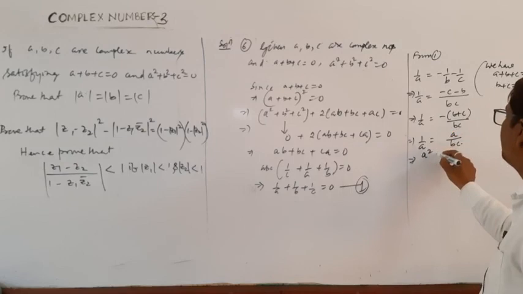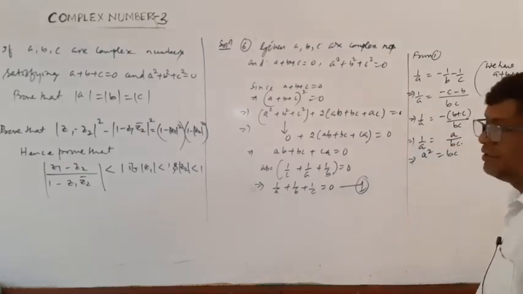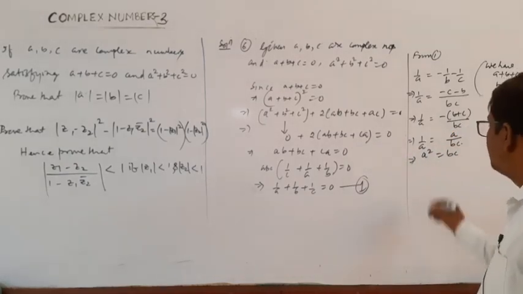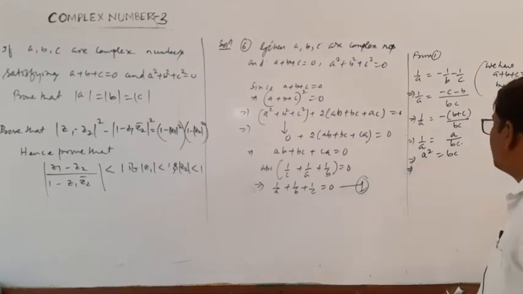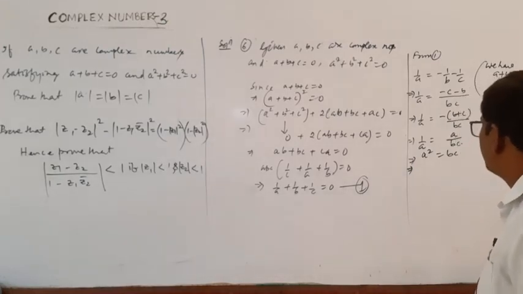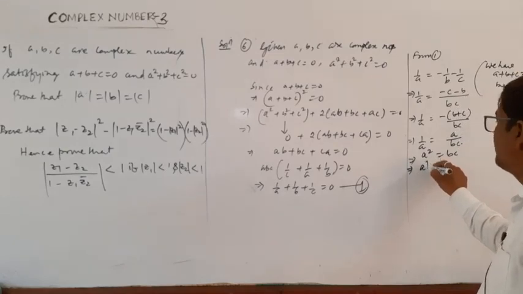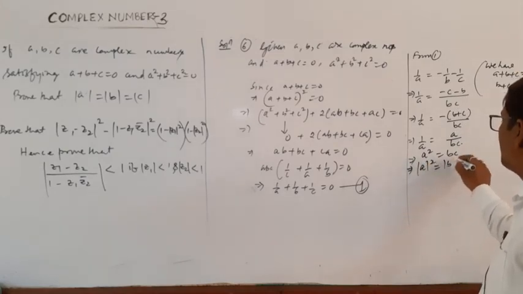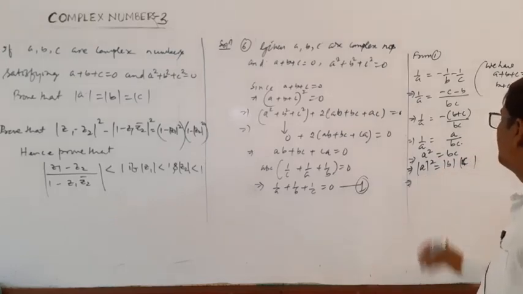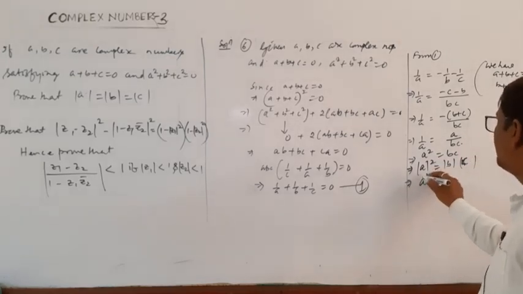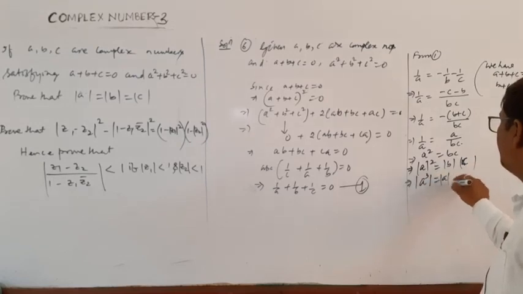Now A square is equal to BC. Taking modulus both sides, mod A square is equal to mod B mod C, and mod A cube is equal to mod A mod B mod C.